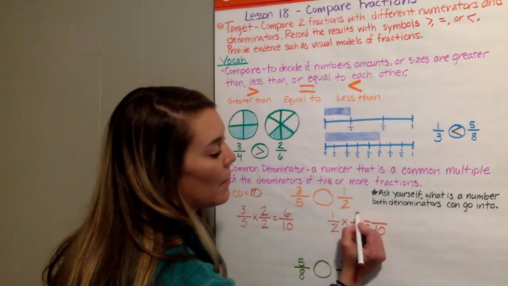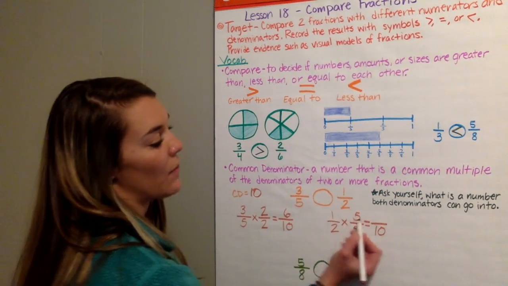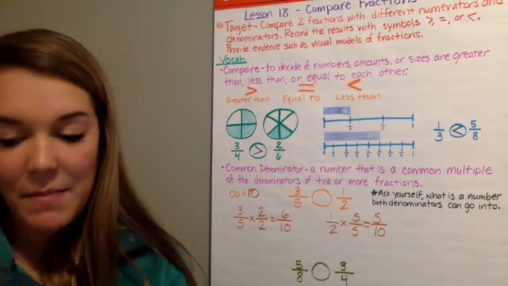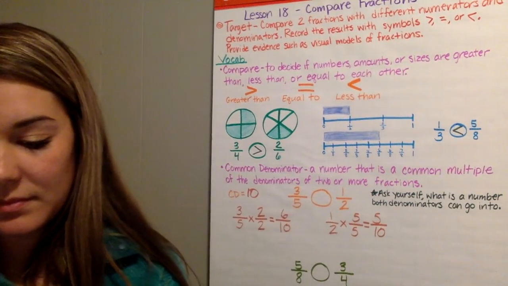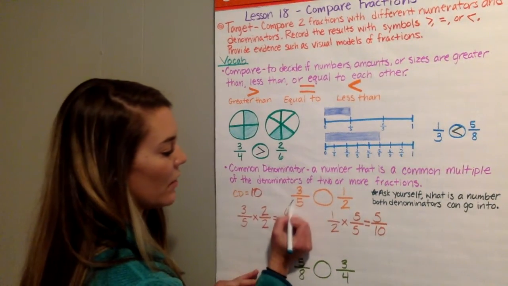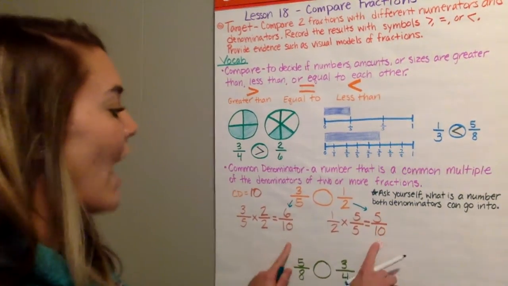Whatever I do to the bottom, I must do to the top. Then I multiply across the top. 1 times 5 is 5. So that means that 3/5 is equivalent to 6/10. 1/2 is equivalent to 5/10.